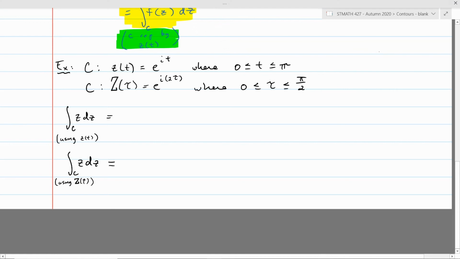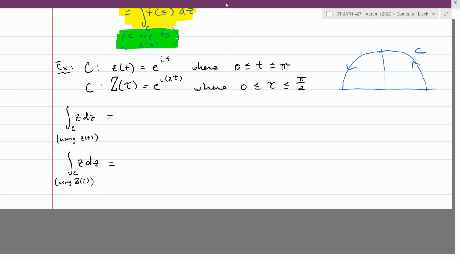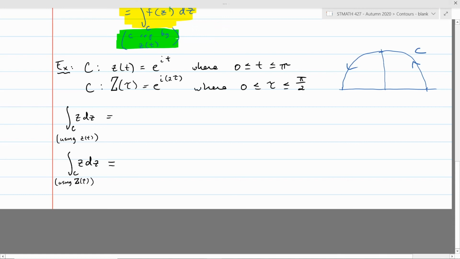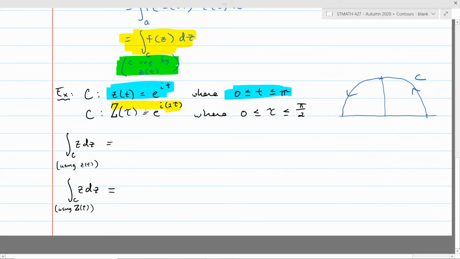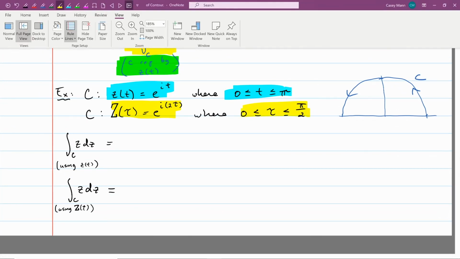So we're looking at our contour here, something like this. But on the one hand, I've got this representation of it here, let's say in blue. And then I've got this parameterization here, where all I'm doing is doubling the speed and doing it in half the amount of time, sort of thing.